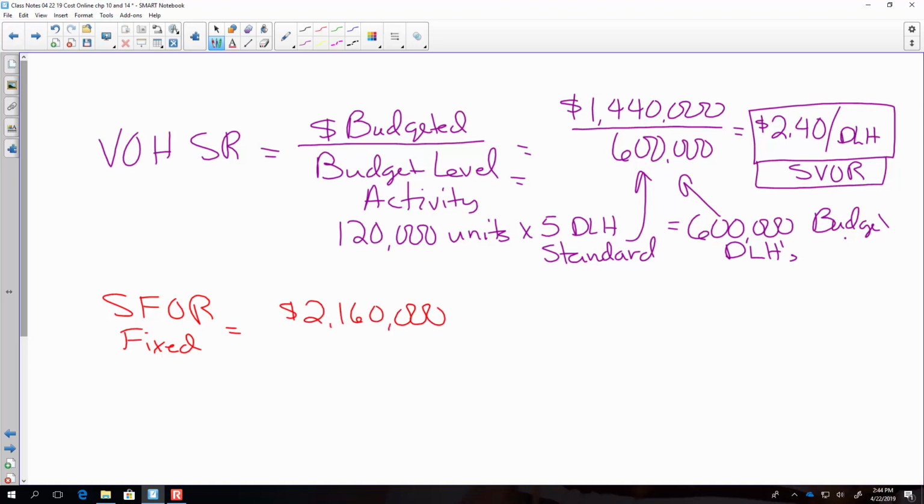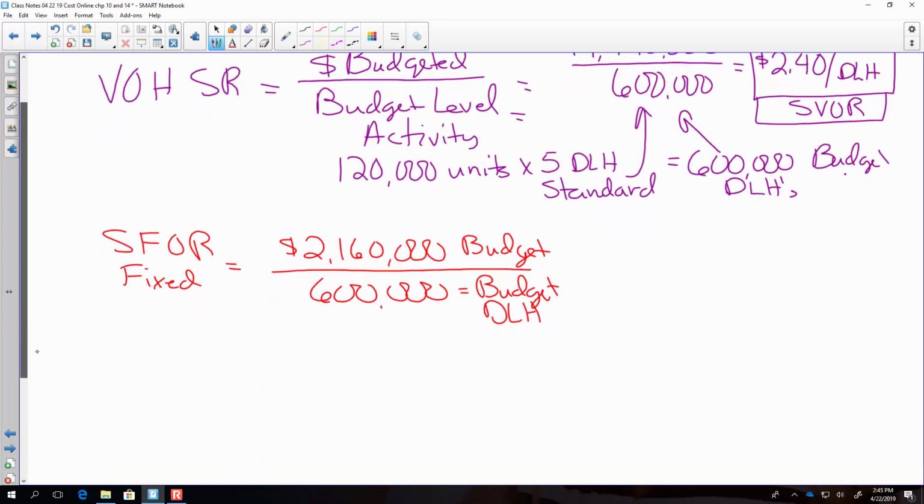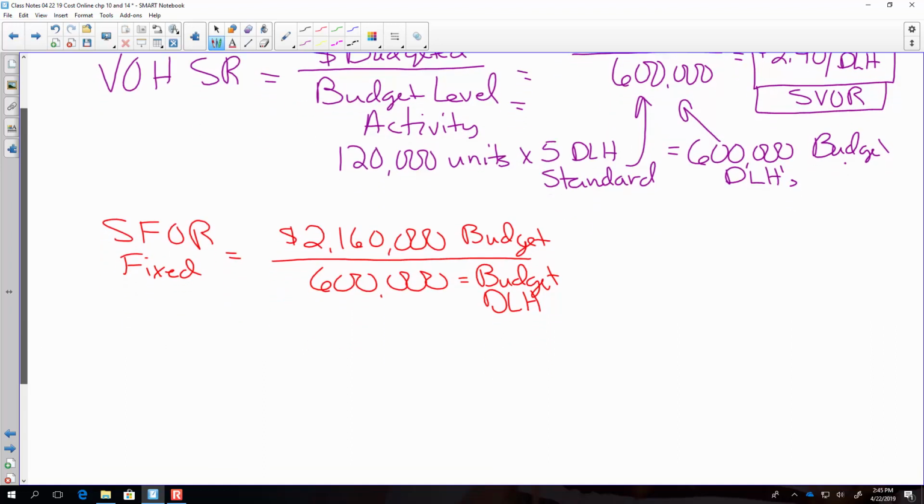This is a budget number, just like variable. And then we're going to divide, again, since we're using the same driver, which is a budgeted level of direct labor hours that we plan to have, 5 hours per unit, during the year.